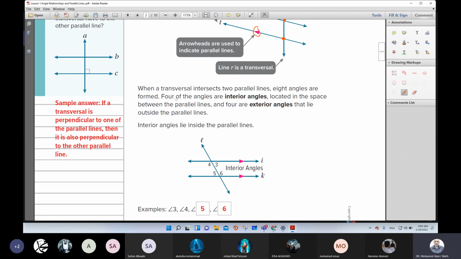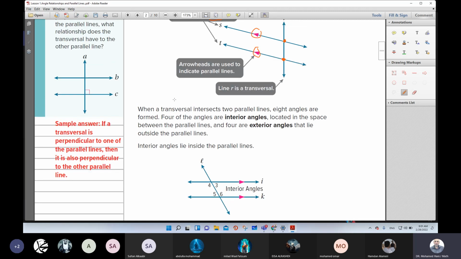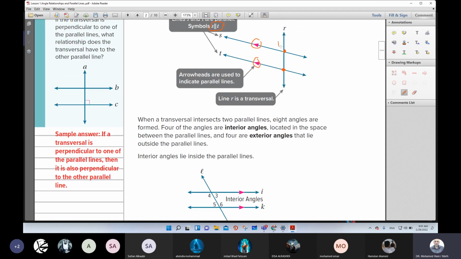When a transversal intersects two parallel lines, 8 angles are formed. As you see here, we have 1, 2, 3, 4, 5, 6, 7, 8.